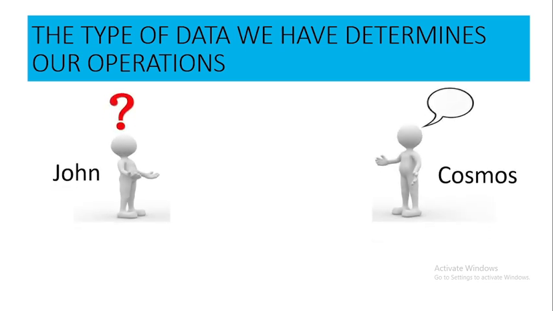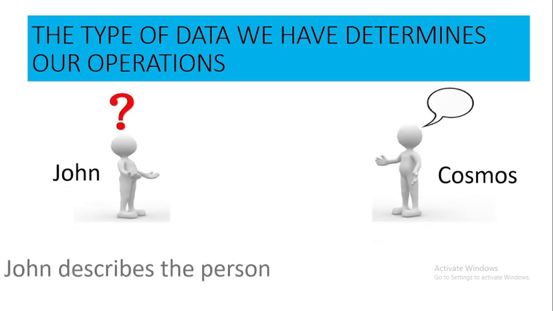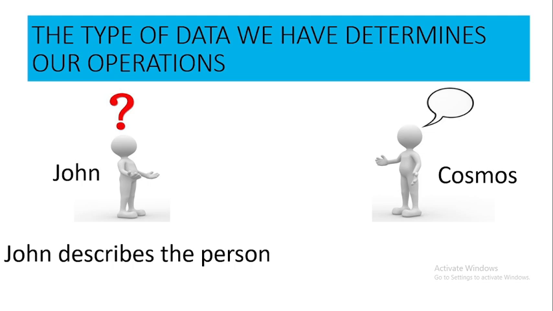So John meets Cosmos, and then John describes the person to Cosmos. And Cosmos, after the description, says that, oh, the way you are describing the person, I think that person is Mr. Frimpong. So now, let's look at this here. Do you think that John, moving forward in search of this person, will still go and then describe the person?